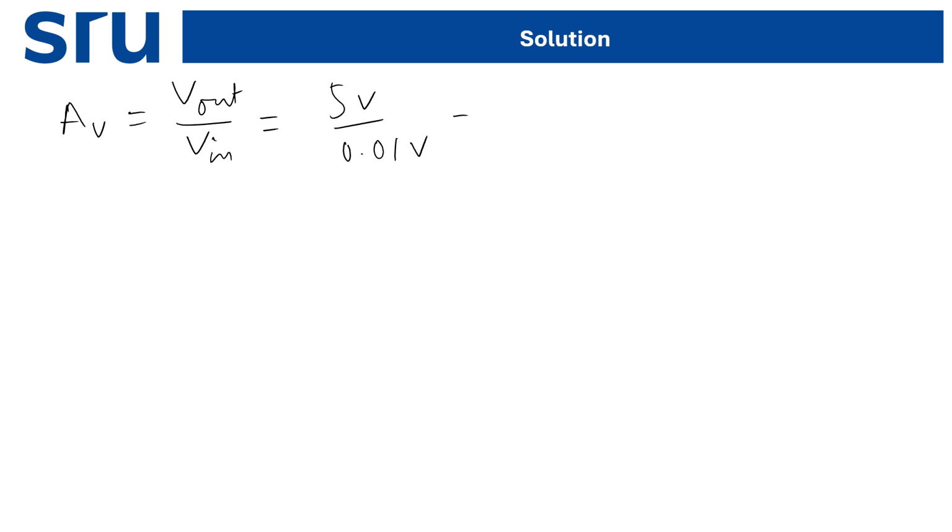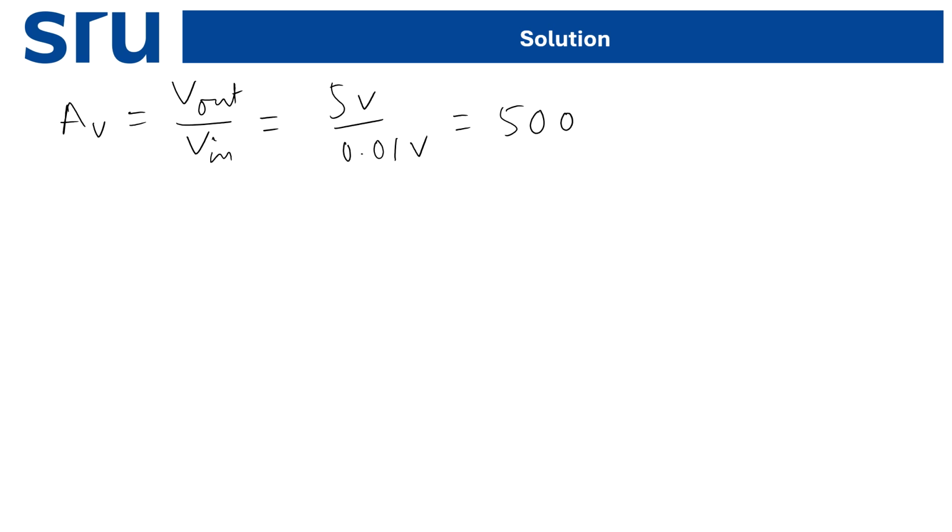That gives us 500. Why 5 volt? Because it is mentioned that the input voltage is 10 millivolt, which is 0.01 volt, and the output voltage is 5 volt. So ultimately our differential gain is 500.